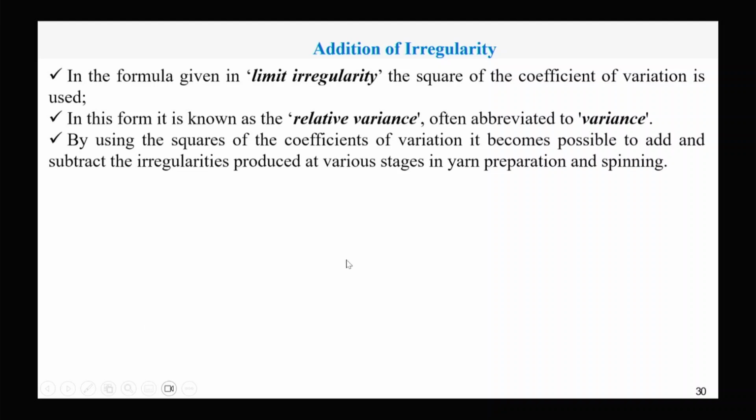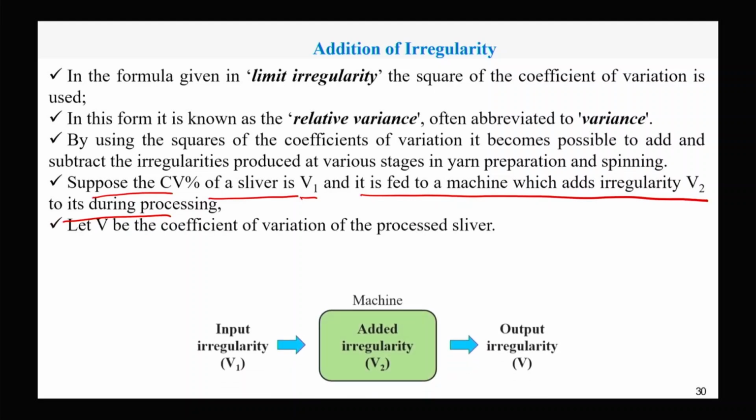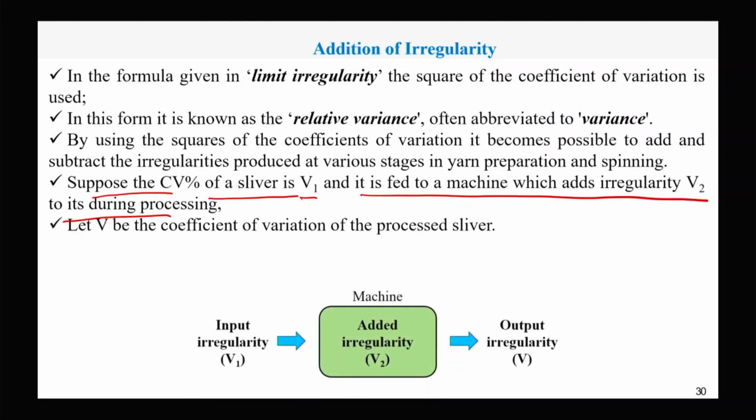Similarly, we can subtract also. Suppose the CV percent of sliver is V1 and it is fed to a machine which adds V2. As I have given in the example already, this is the process.